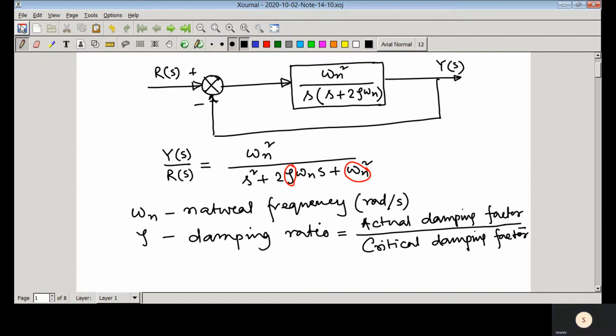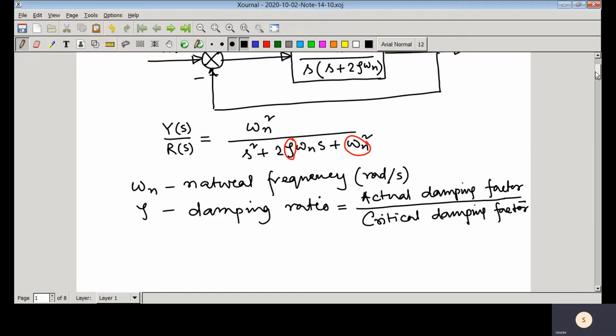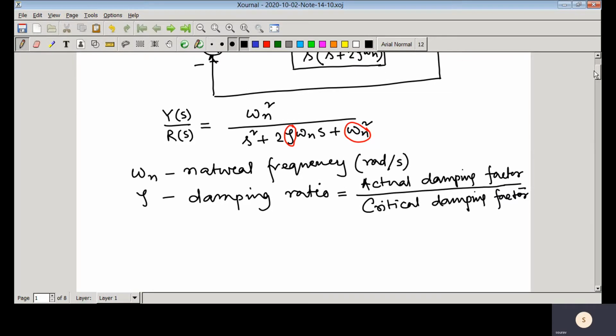Interestingly, we have seen that in case of first order system, the time response is characterized by its time constant. But in case of second order system, the time response is characterized by two parameters, that is zeta and omega n.